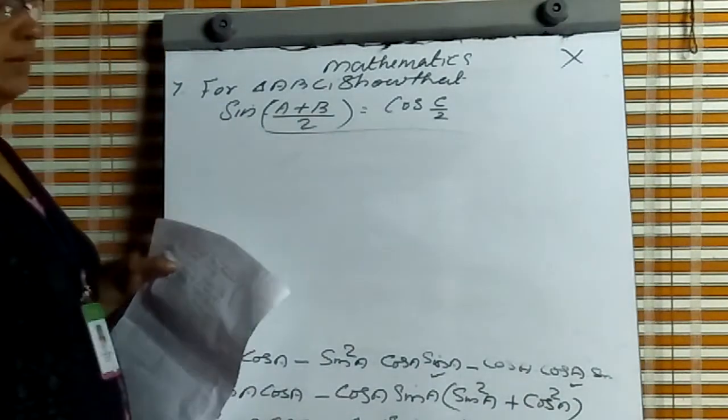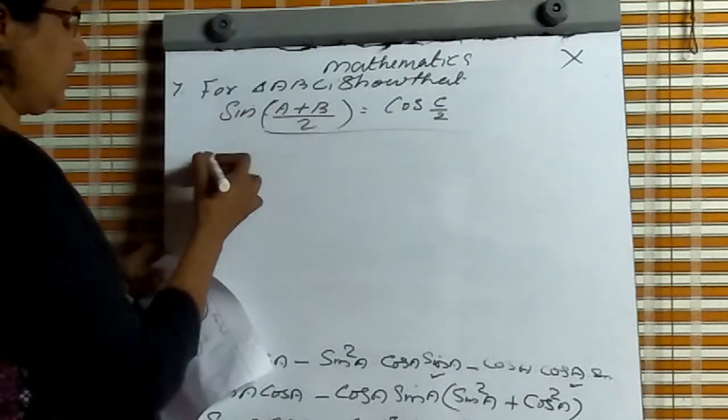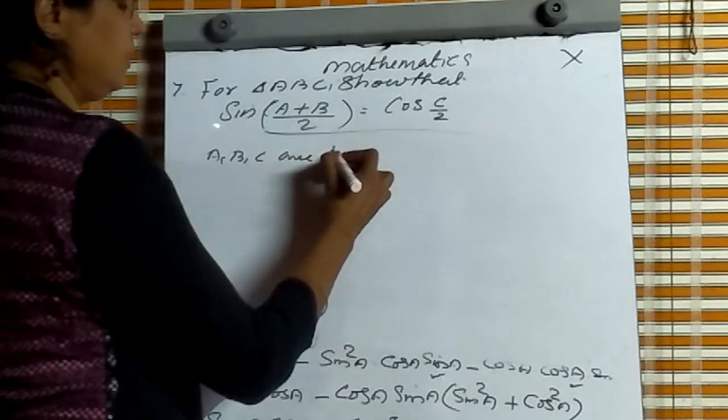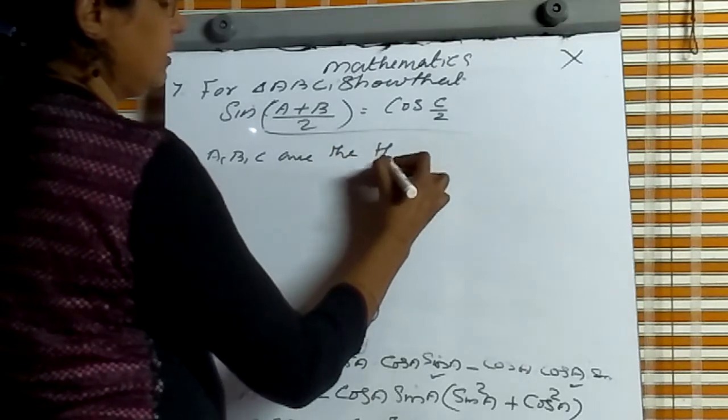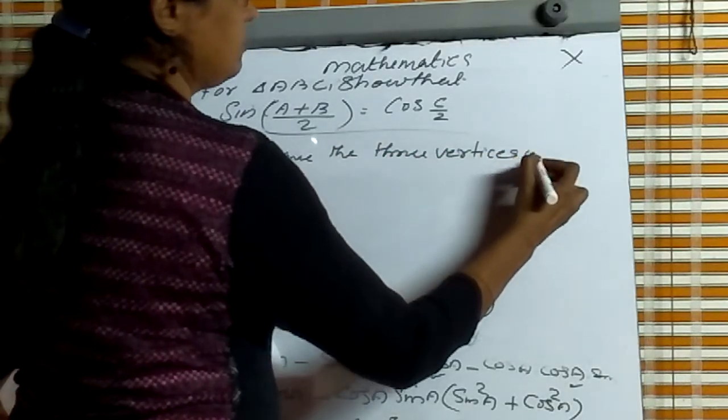We have to prove this for triangle ABC, where A, B, C are the three vertices of a triangle.